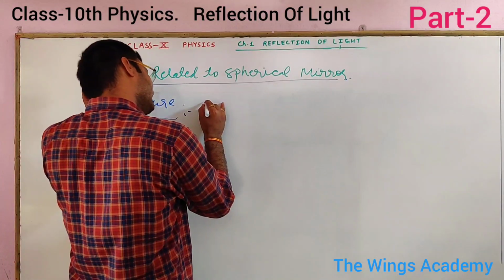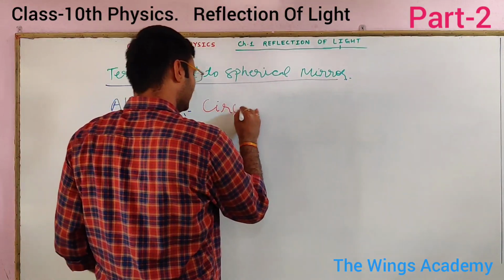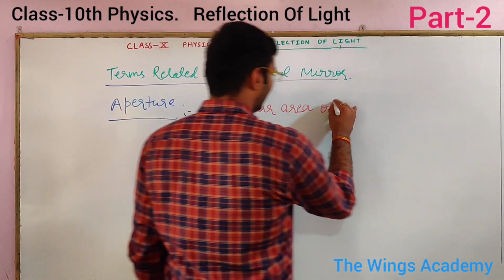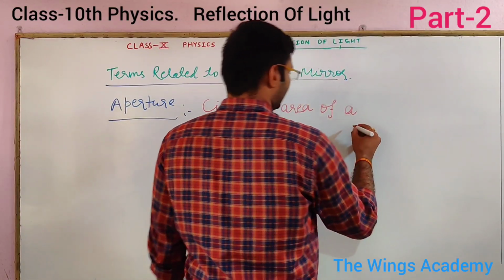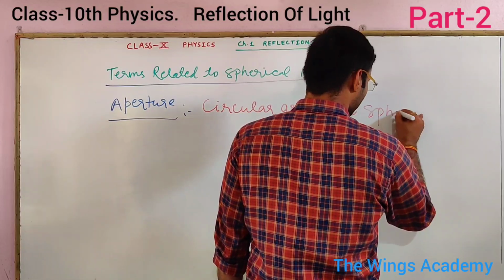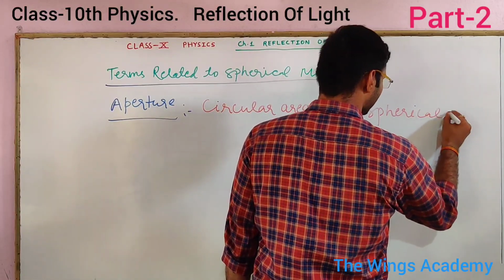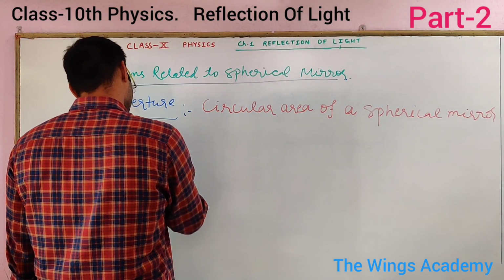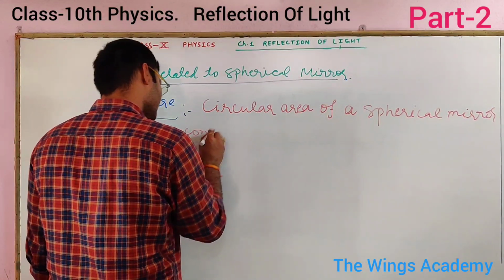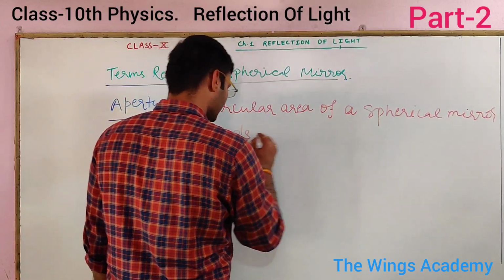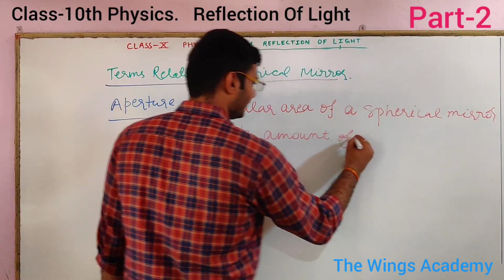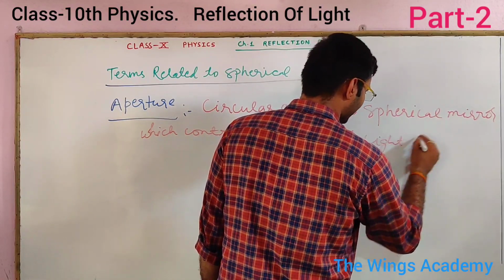Aperture is the circular area of a spherical mirror which controls the amount of light falling on it.